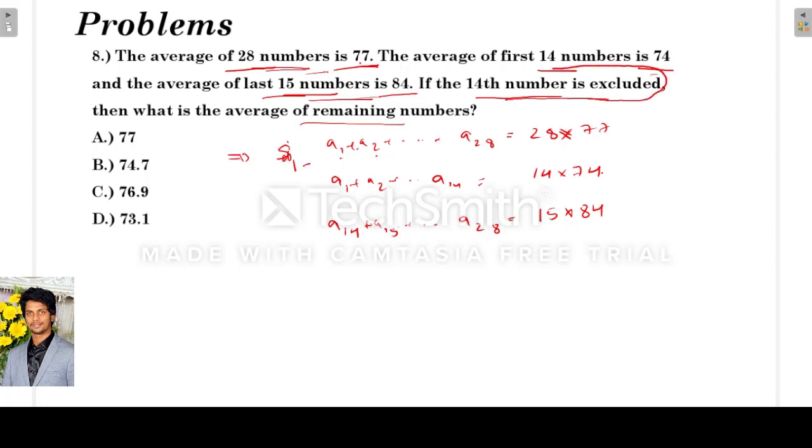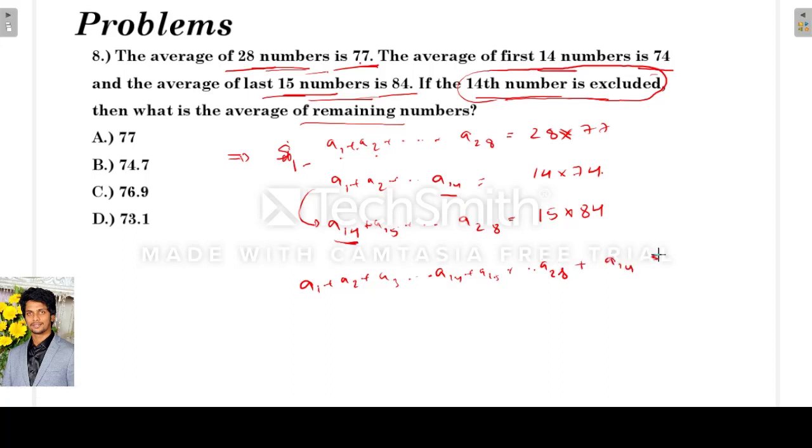So for this we need to find out what is the 14th number. So if we add both these, what will be the resultant thing? A1 plus A2 plus A3 dash dash dash A14 plus A15 plus dash dash dash till A28 plus A14 will be extra.